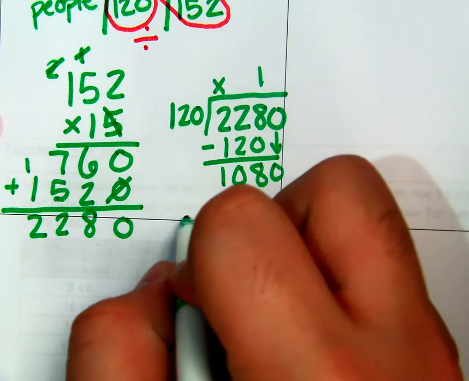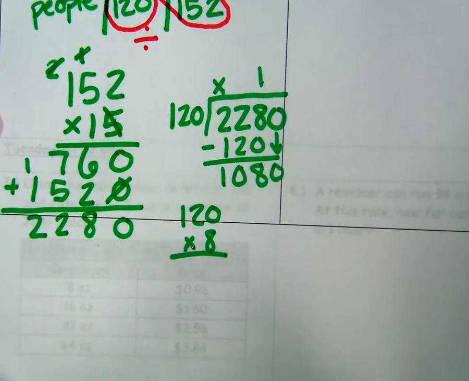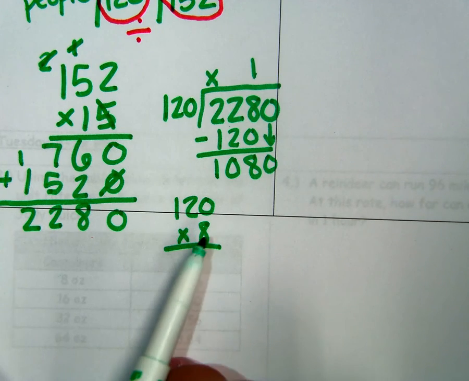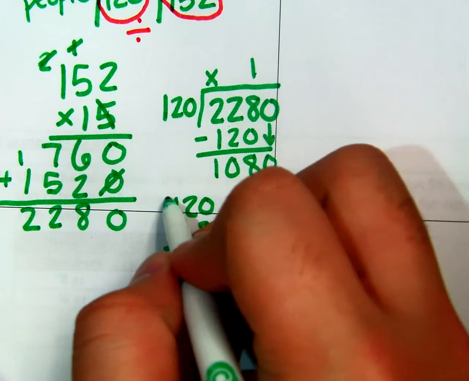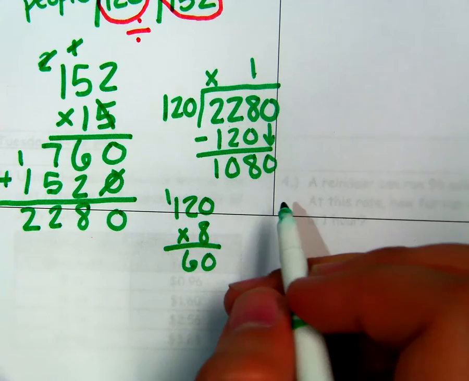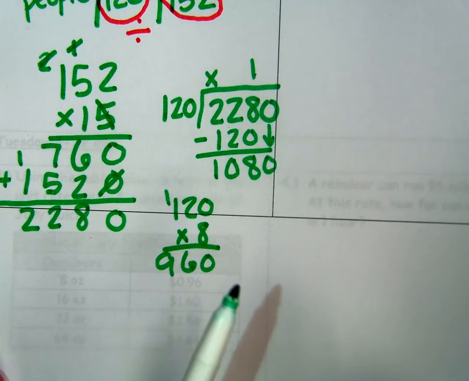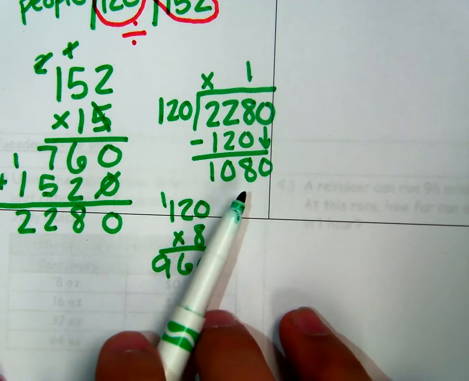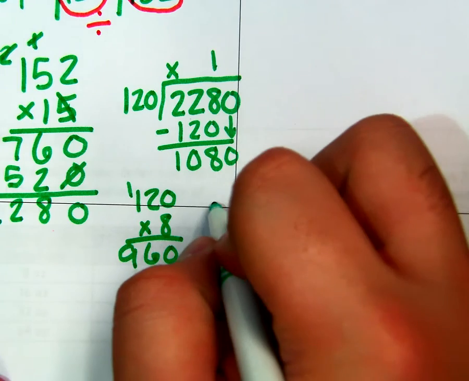Let's see if we can do times 8. 8 times 0 is 0. 8 times 2 gives me 16, so a 6. And then 8 times 1 is 8, plus 1 gives me 9. So it's not quite 1080 yet. So what I want to do is I want to try times 9 instead.